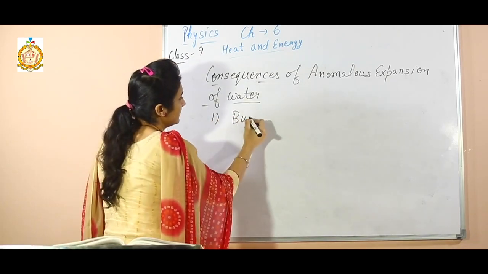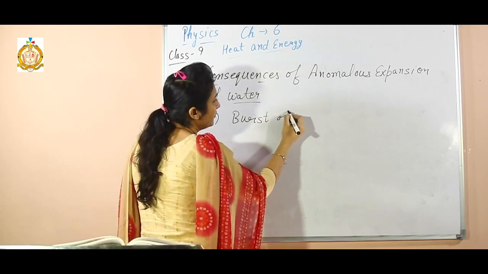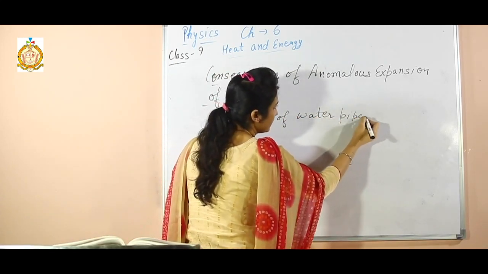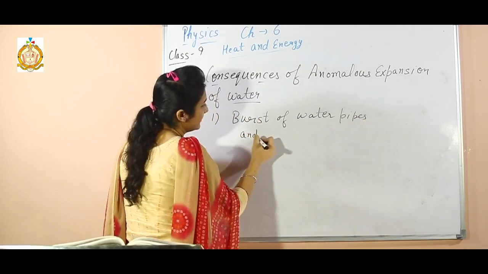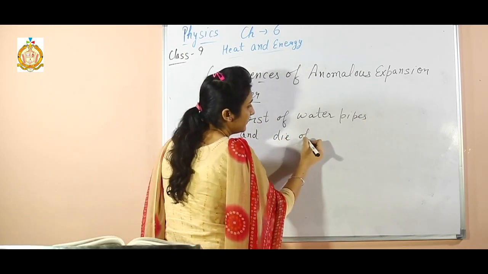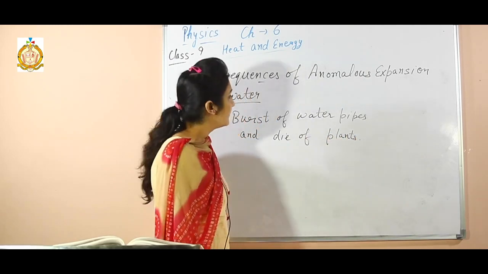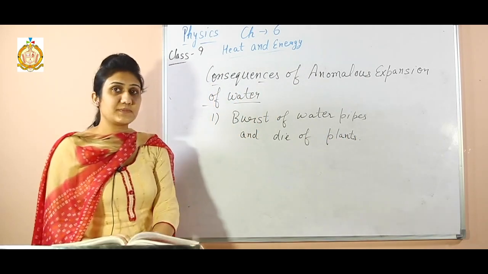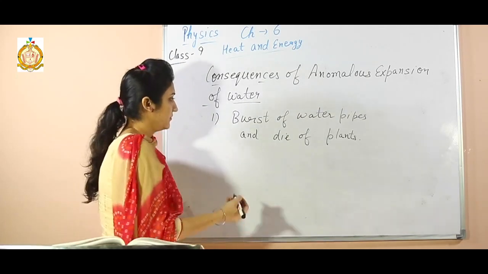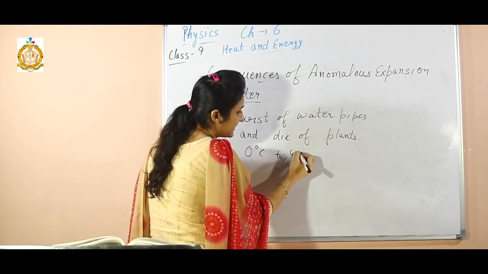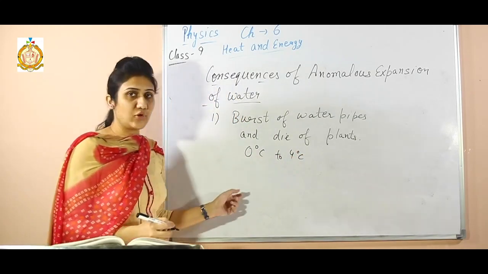That is, burst of water pipes and death of plants. How? The water contracts from 12 degrees Celsius as the temperature falls.